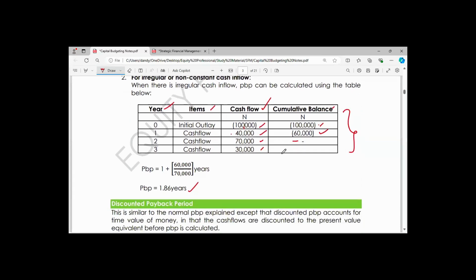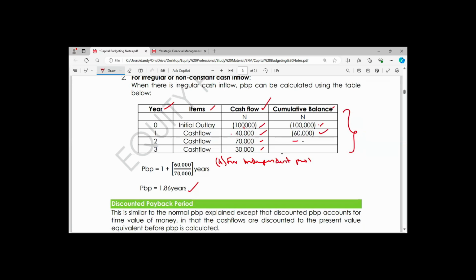Then what is the decision rule for payback period?